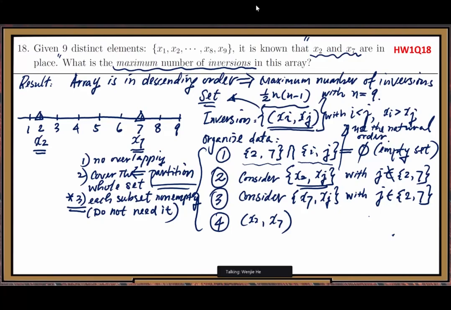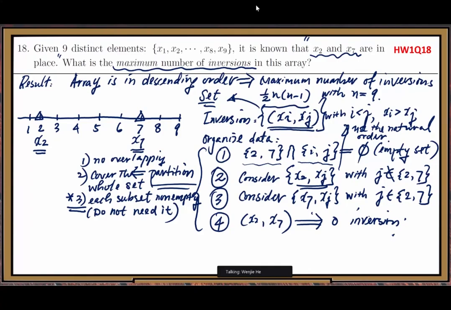So based on this, what do you need to do? Count the number of elements in each subset. Actually, for number 4, the answer is obvious: the counting number is 0 inversions, because x2 is in place and x7 is in place. We take this pair, no inversion.